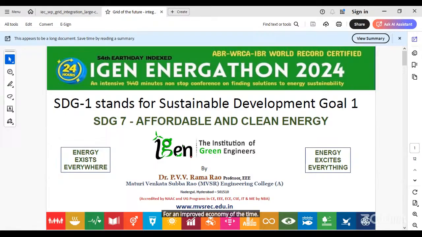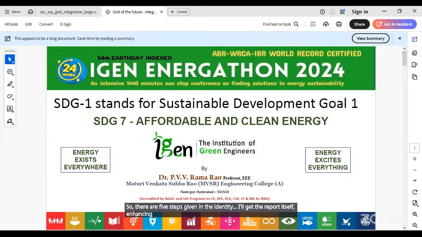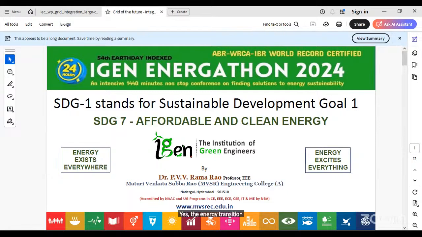And what is the energy action supporting SDG 1? There are five steps given in the UNDP report itself: enhancing energy and climate resilience, and then leveraging innovative financing and smart solutions for a just energy transition. Just energy transition is one initiative taken by UNDP.